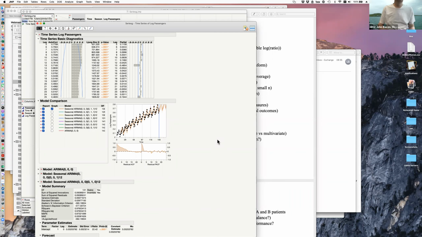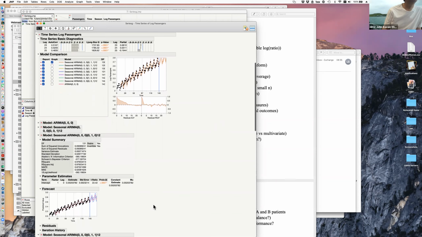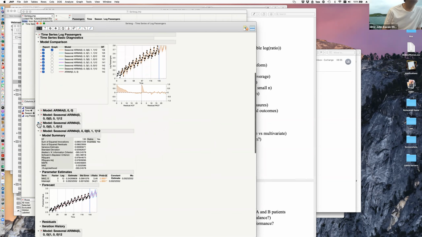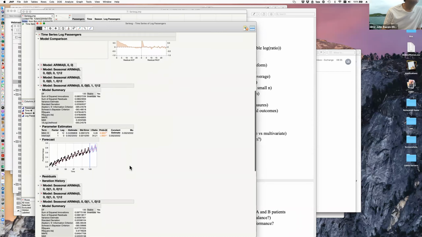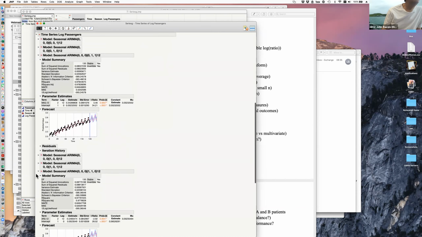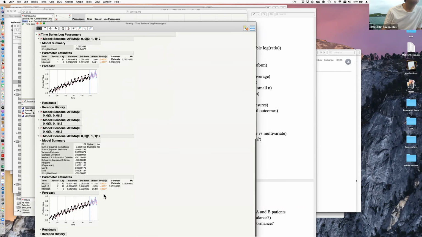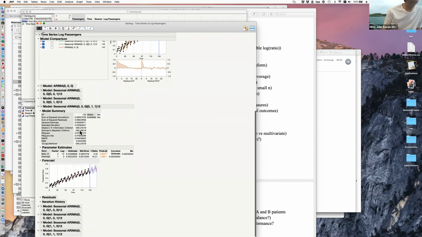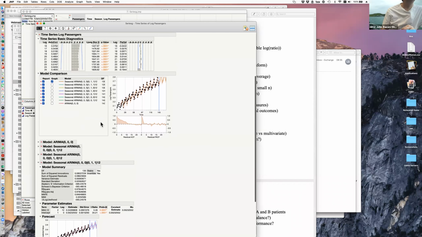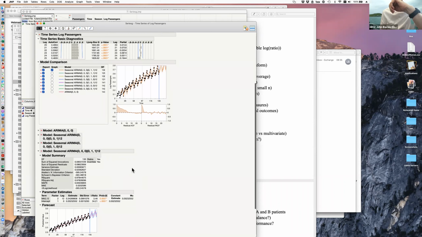So you can see that one does indeed look very good. This one we said wasn't so good. -589, -586, that's not as good. -587, not as good. So we can see that from an AIC perspective, the one that we have graphed here is the best. This has 130 degrees of freedom.